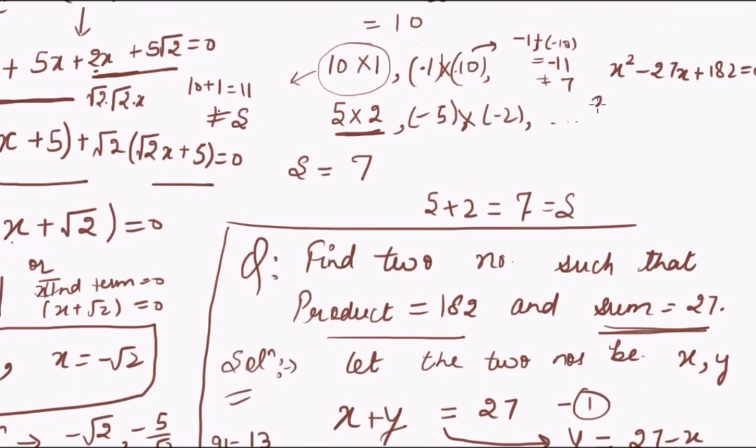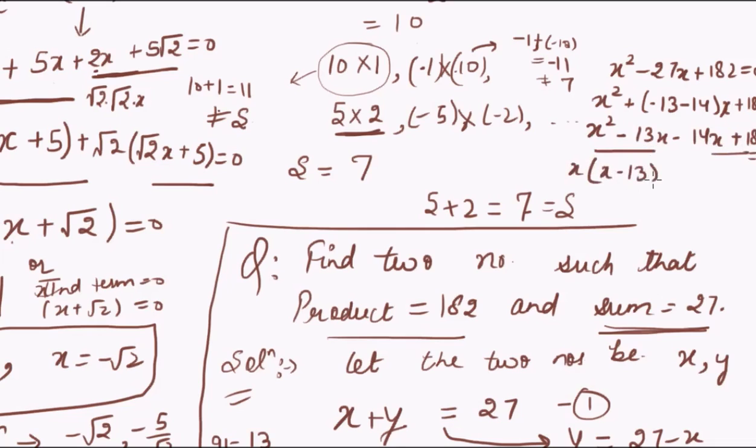And we will get x² - 13x - 14x + 182 = 0. From the first pair we can have x common and are left with x - 13.